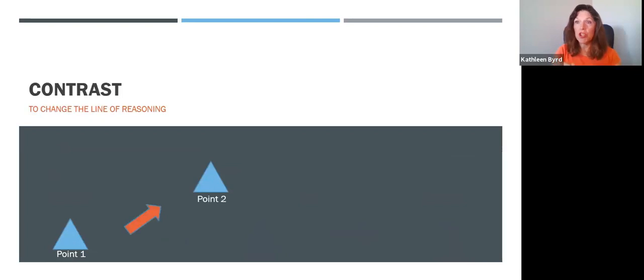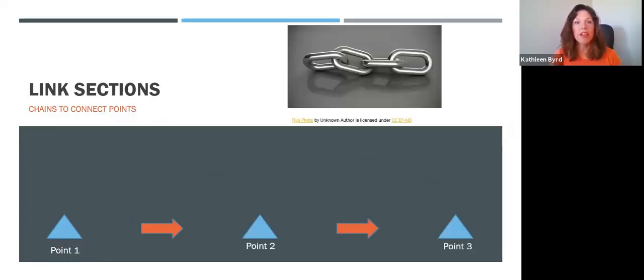And sometimes we need to change direction. We want to contrast. We want to change the line of reasoning. We might use but, on the other hand, however, on the contrary. Now these are links. They're chains. And we need these, just like headings in a written paper.